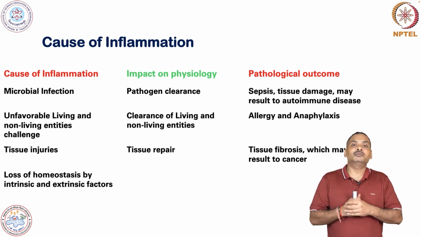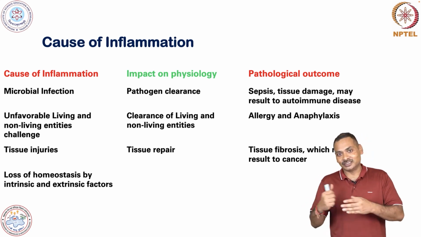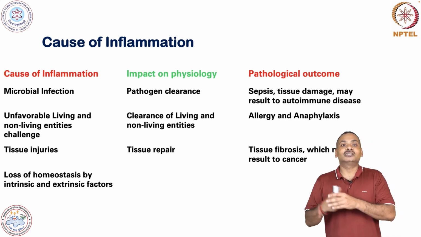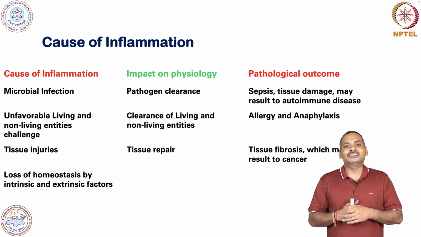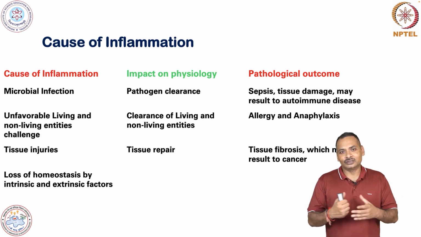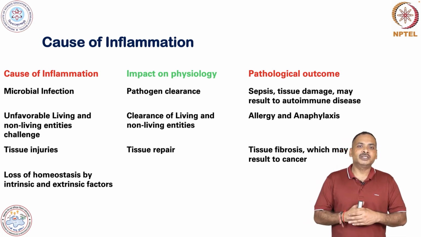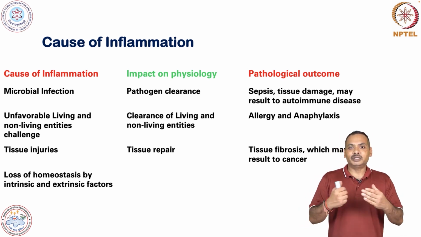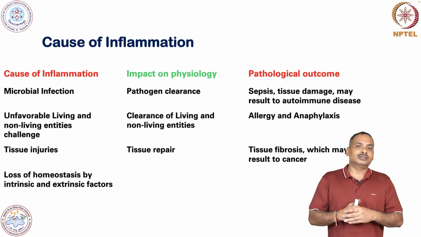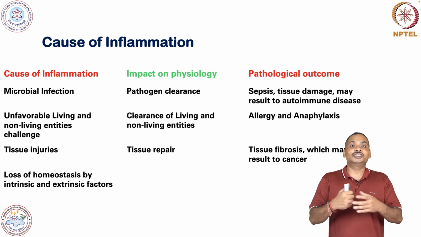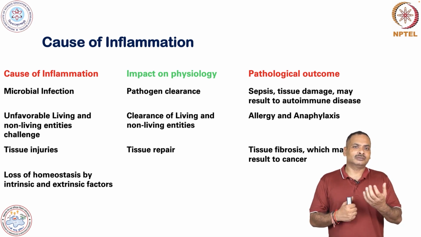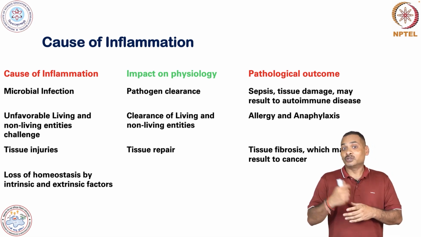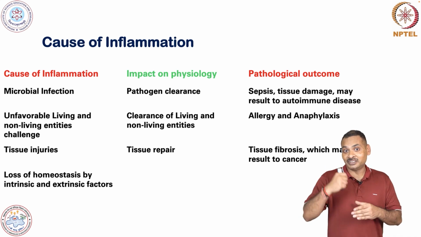fibrosis of tissue, and this fibrosis of tissue may result in very dangerous consequences, it may result in the development of cancer. Probably you have heard on TV or radio, or various media, that the doctors or the government suggest that you don't chew things like gutka, because those are inflammatory things.